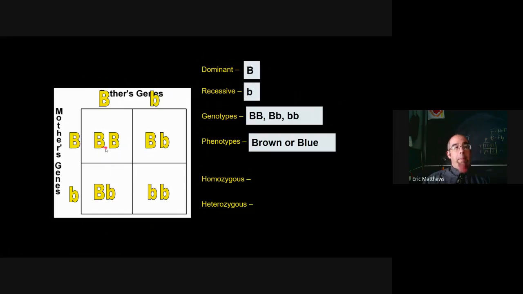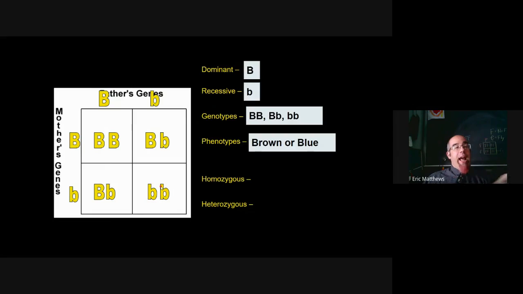We're looking at a capital B that is dominant for brown eyes. The darker color, skin, hair, or eyes are always dominant. And then the other one is our recessive phenotype, which we'd only see right here for blue eyes.